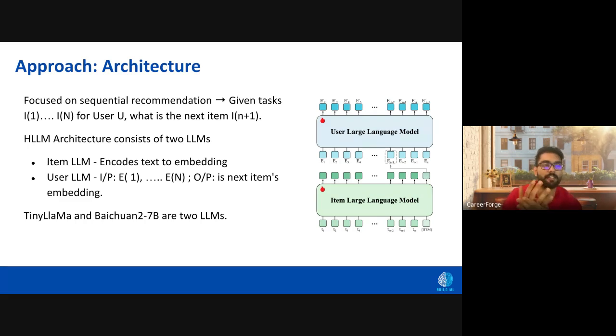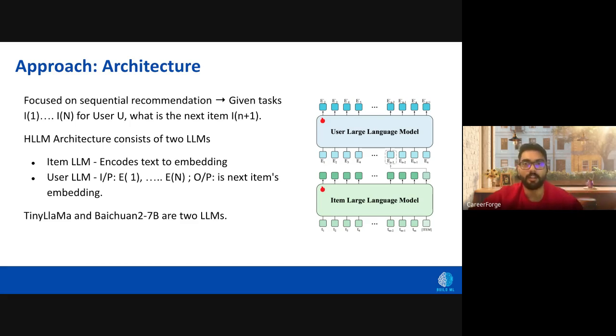The user language model takes in each of the previous items that the user has interacted with. And these items are again the embeddings of the items that we got from the item language model. So each of them are embeddings. They're not just the item IDs, which is typically done in other models like SASRec or even BERT4Rec.